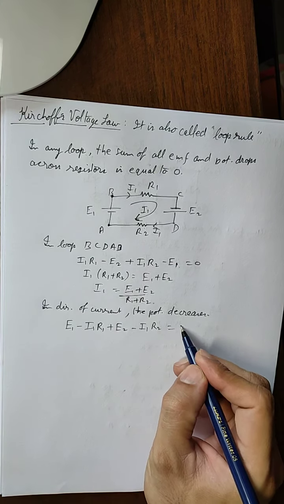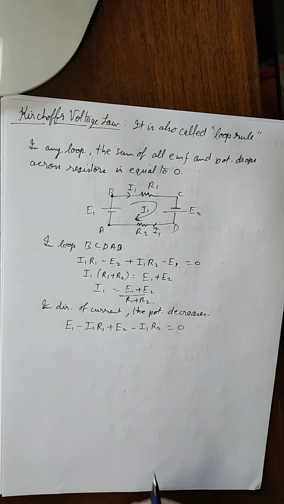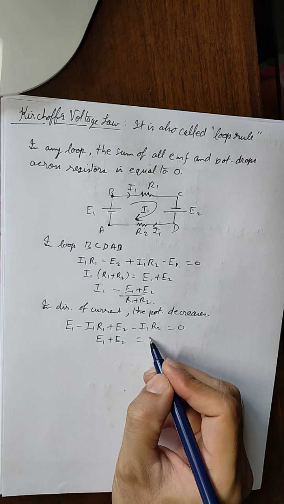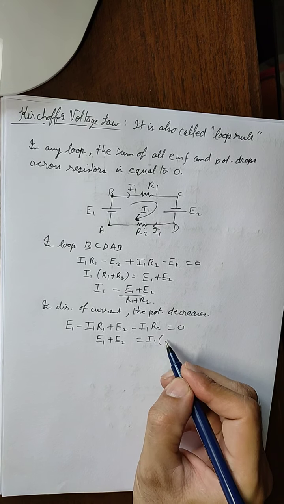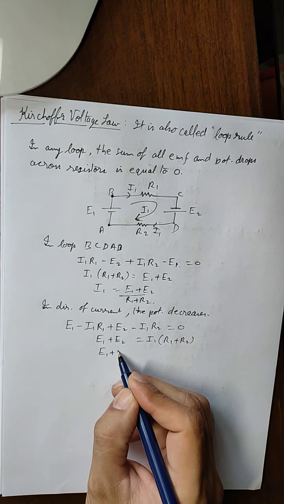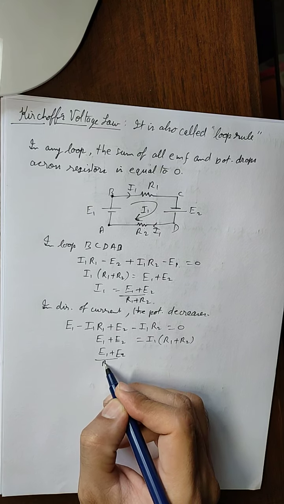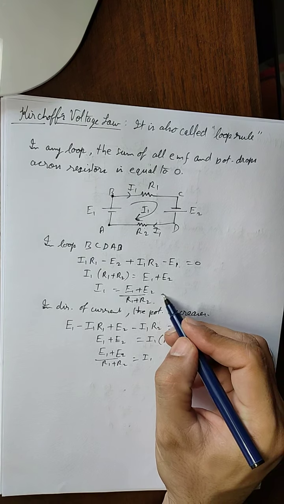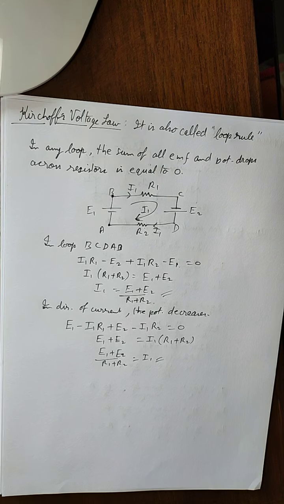And the sum of all these potentials will be equal to 0. So we will get E1 plus E2 equals I1 times R1 plus R2. So again E1 plus E2 upon R1 plus R2 will be equal to I1. So we are getting the same result. So you can use any method which seems convenient to you.